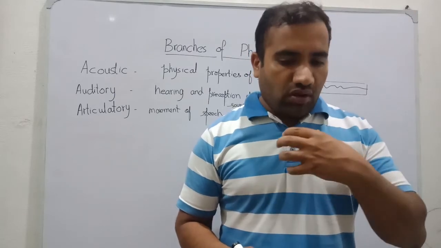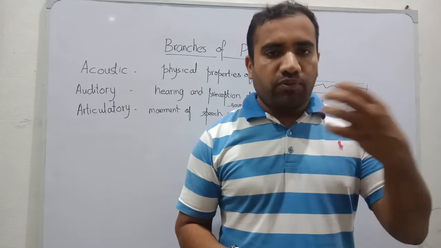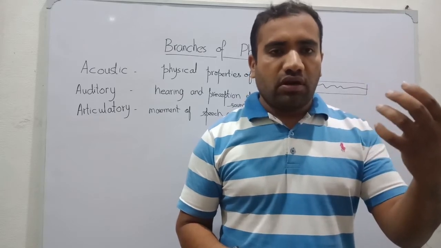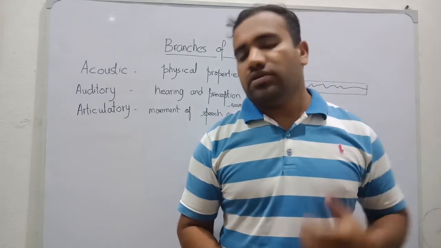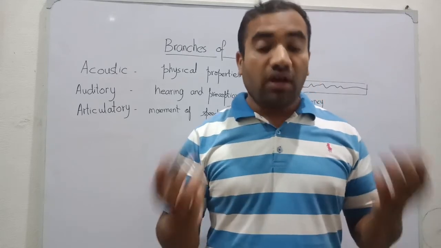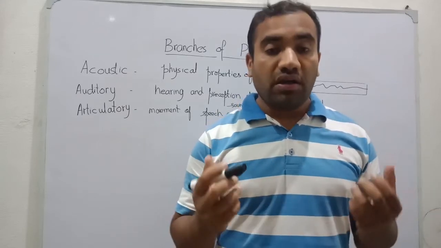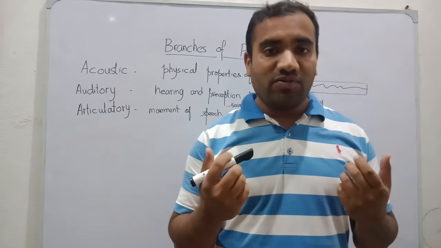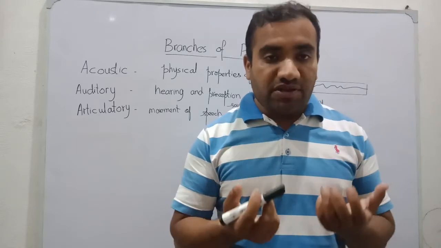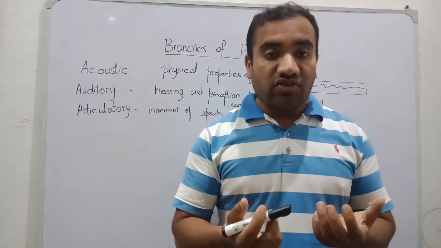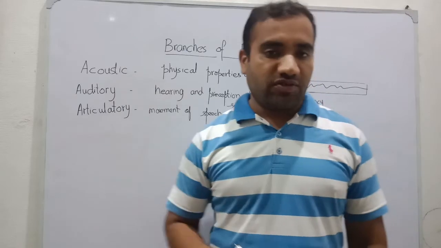The process of articulation is done by me, and the process of decoding, the perception, is done by some other person. I am also perceiving my own sounds because I am listening to them. So the hearing and perception of sound is called auditory phonetics.